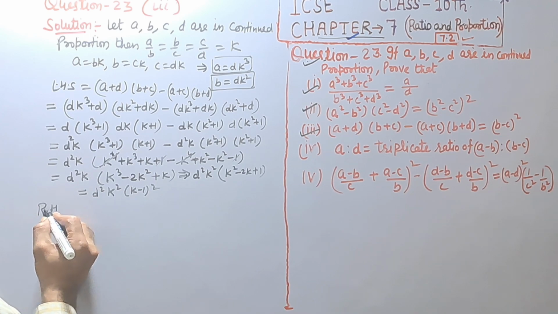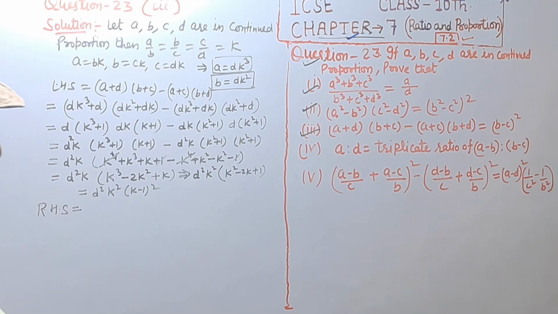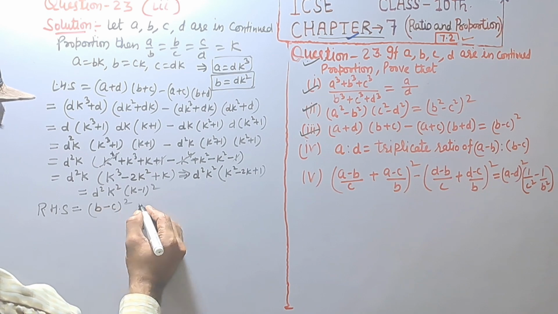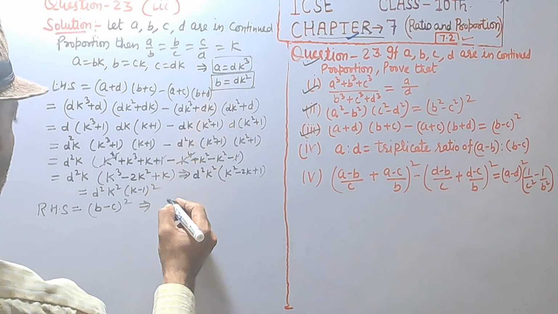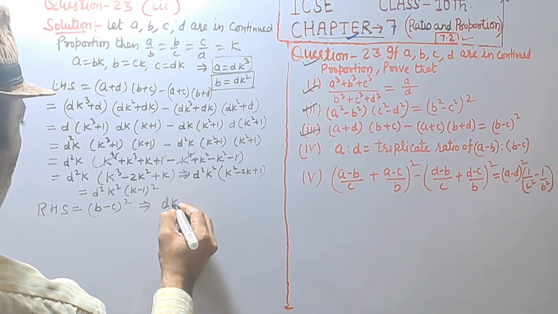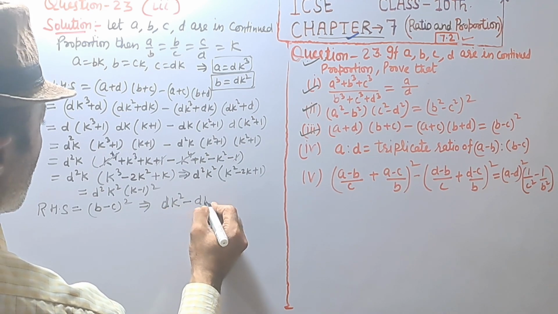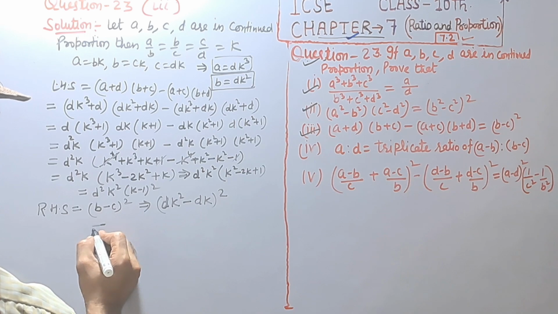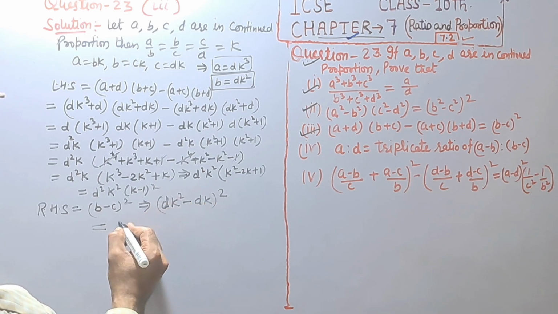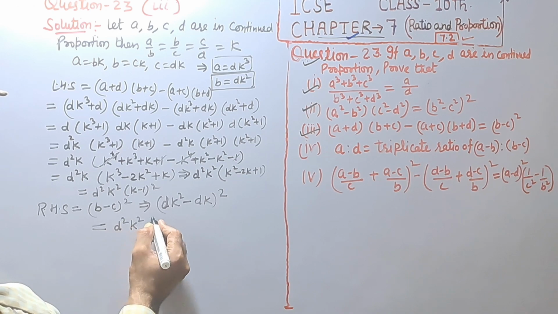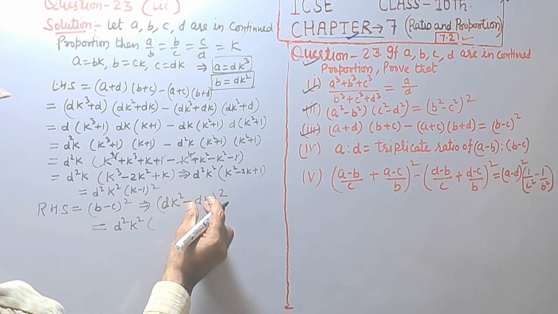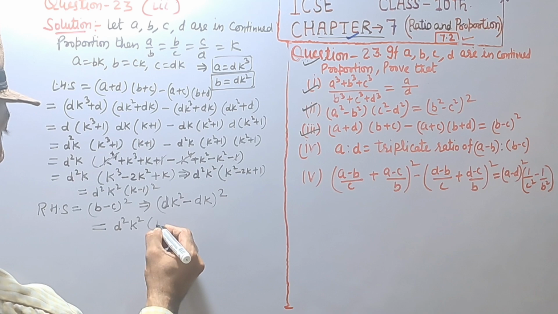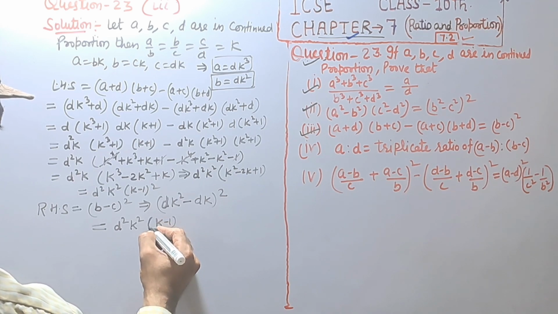And right hand side is equal to (b − c)², which implies b is equal to dk² minus c is equal to dk, all raised to power 2, that is equal to dk is common and raised to power 2, so d²k² and in bracket (k − 1) all raised to power 2.